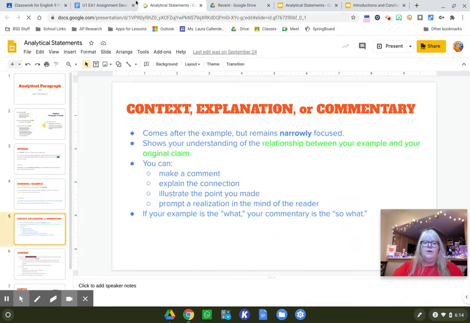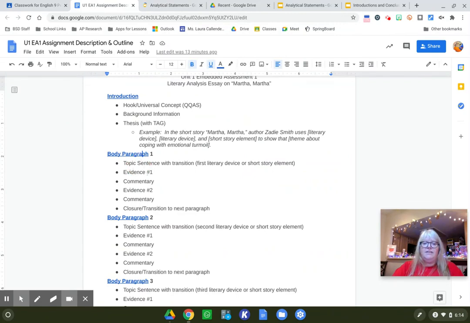All right, so remember that for every piece of evidence you have, you need commentary, which helps you explain how that piece of evidence links to your claim. Remember, your evidence is proving that there is a message about emotional turmoil the author's proving or talking about.